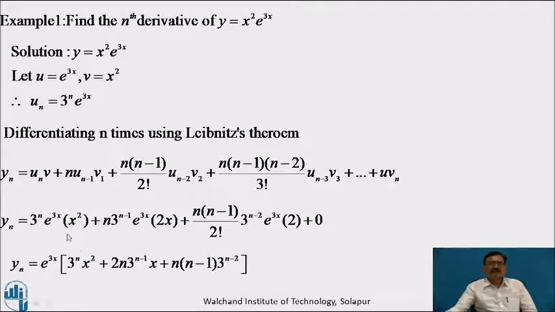We can take e raised to 3x common from each term, that is e raised to 3x into bracket 3 raised to n and x square plus n and 2x, that is 2n and 3 raised to n minus 1 into x, and here 2 by 2 factorial will get cancelled, and n into n minus 1 into 3 raised to n minus 2, and here you have already taken e raised to 3x common. This is the nth derivative of y equal to x square e raised to 3x by using the Leibniz theorem.